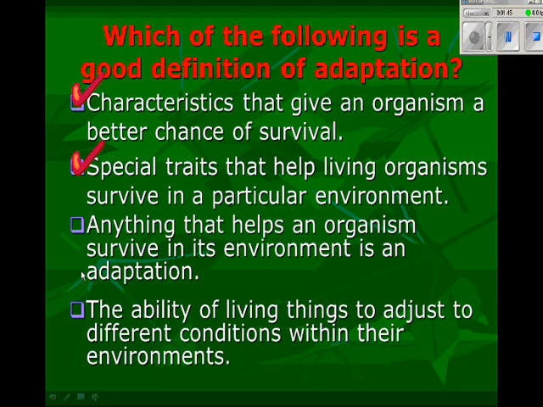Yes. Is a good definition of adaptation anything that helps an organism survive in its environment? Yes. Is another good definition of adaptation the ability of living things to adjust to different conditions within their environment? Yes.